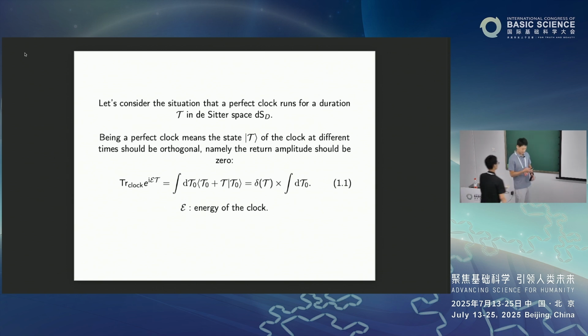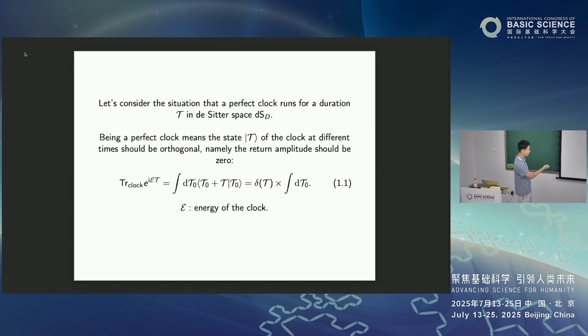Tau 0 is the initial time of the clock. In particular, this clock here. I'll talk about what the model of the clock is.